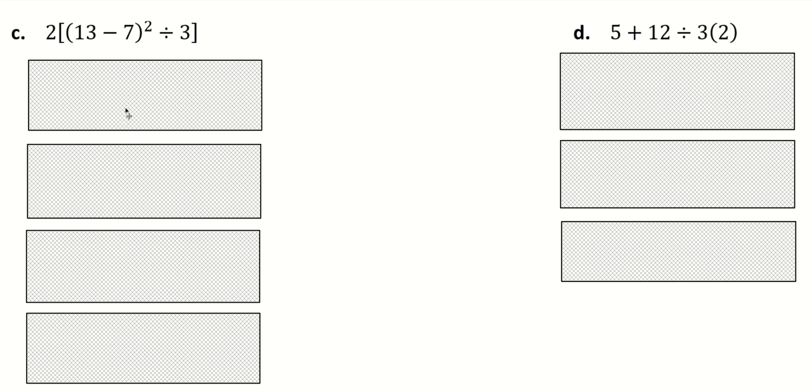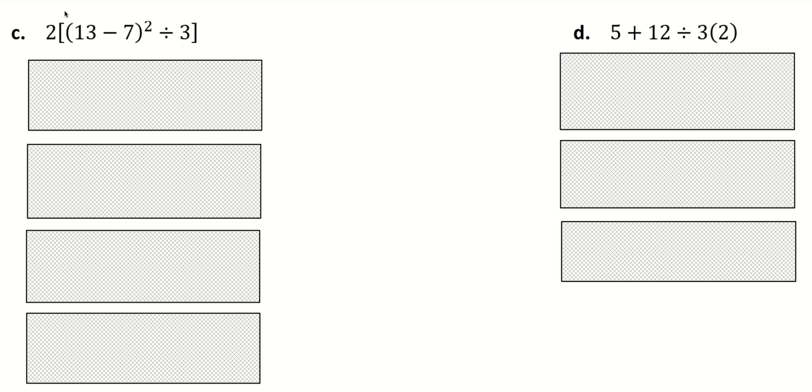Example C. Whoa. Okay, we got some brackets and we got some parentheses. So hopefully it makes sense to you how, when we look at what's inside the grouping first, well, we have this big grouping using brackets. So we look inside the brackets first, but there's multiple things to do inside the brackets.